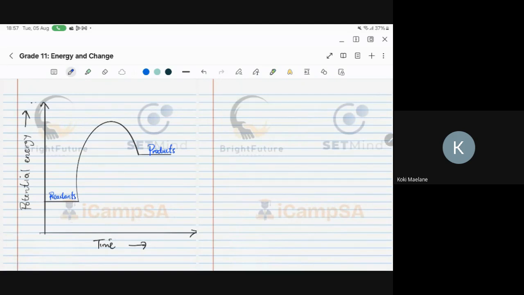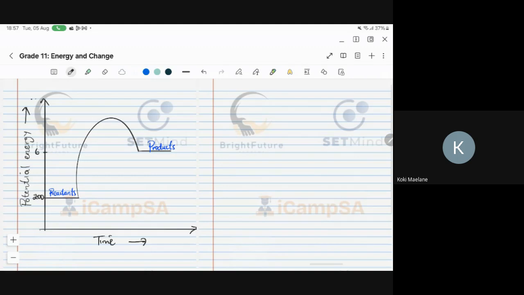So let's use the other. Say here you have about 200, say here you have about 600, and let's say here you have about 1,100. Whatever, really, you can be given any energy.